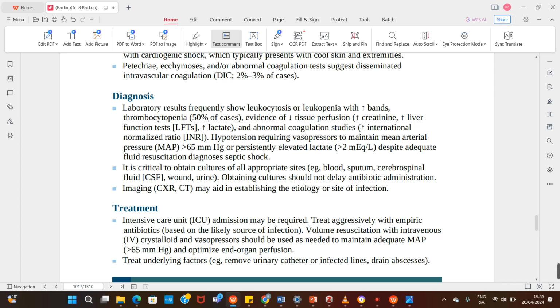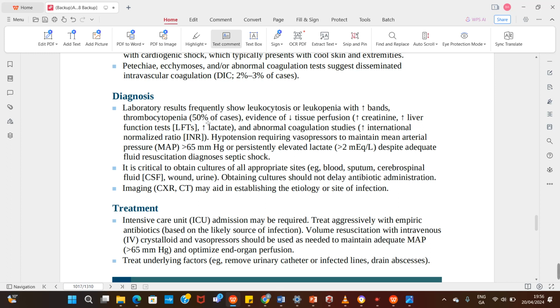So how do you investigate? You have done the blood work, and we have to obtain cultures to localize the infection, depending on the presentation. If it's a chest infection, you want to do your sputum analysis, and you might want to take a blood sample for culture. Sometimes you take CSF, wound, or urine, depending.